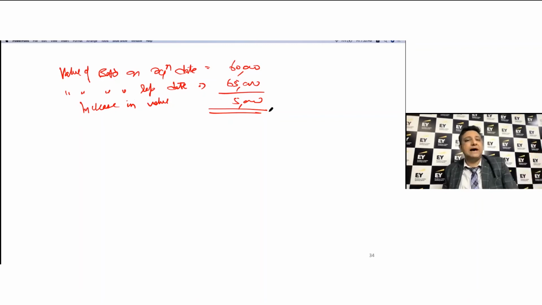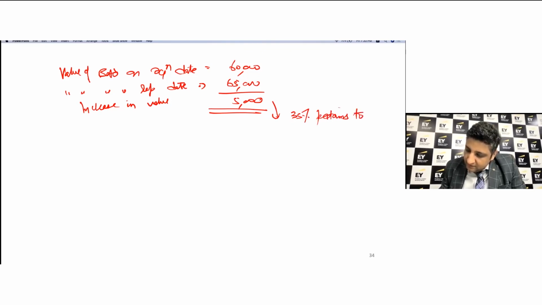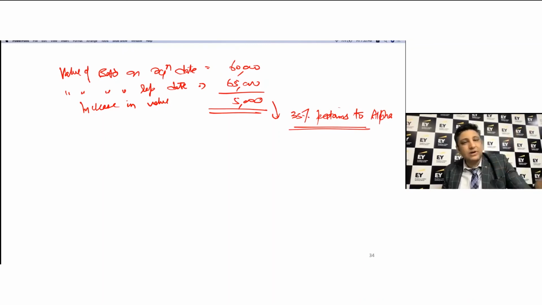There's an increase in the value of Beta to the extent of 5,000 after you had acquired a 35% stake in that company. Okay. Do we agree that 35% of this pertains to Alpha? That's what we are saying. Consolidate equity, your share of equity.